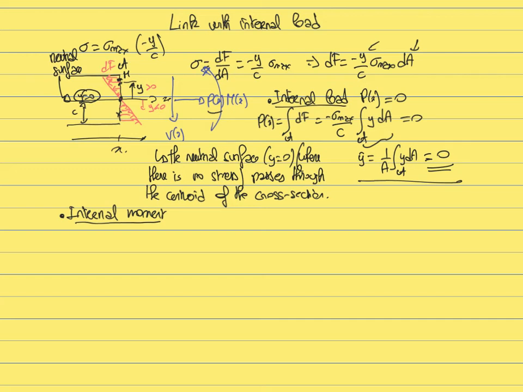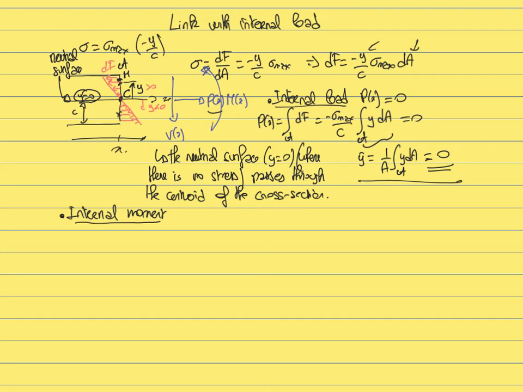There is an internal moment M of x because if you look at those small forces dF, each of those small forces dF is going to be creating a small moment about the centroid of this cross section.